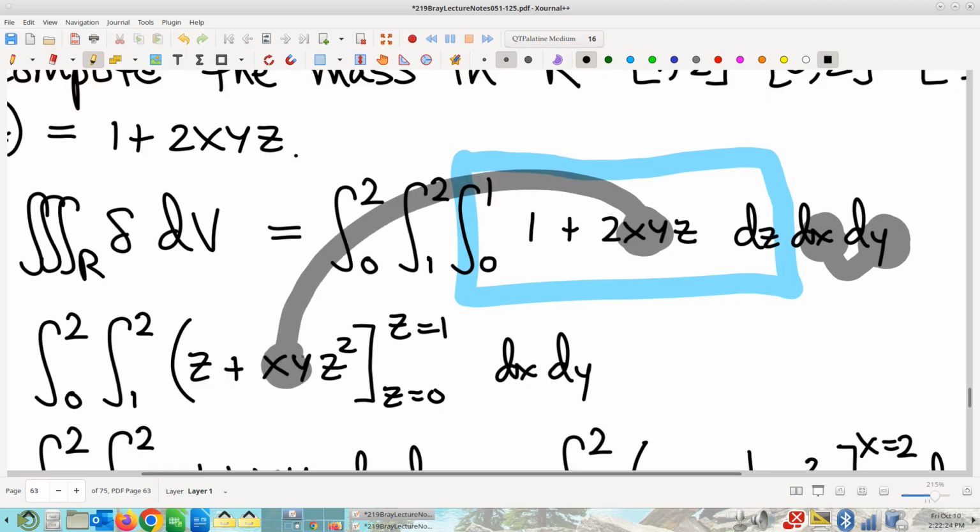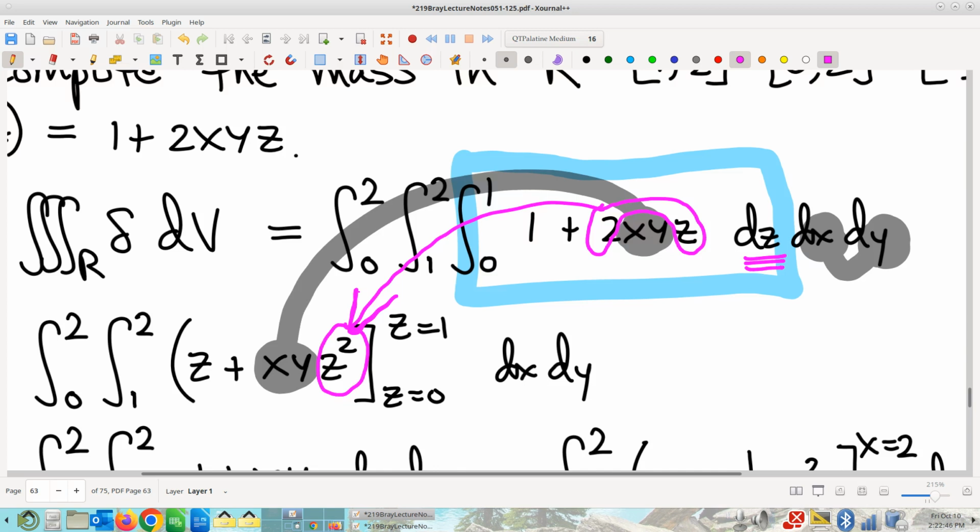Constants, of course, just kind of come along for the ride. And so when it comes to actually doing the dz integral here, 2z is what's going on with that term, and the antiderivative with respect to z of 2z is z squared.